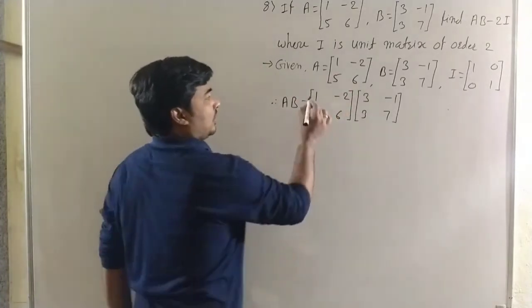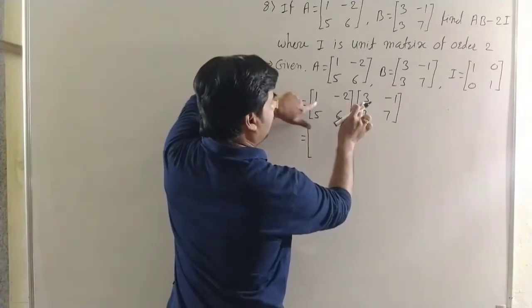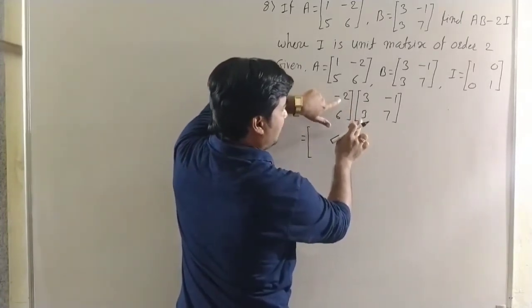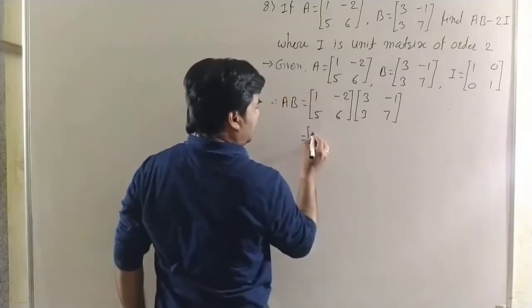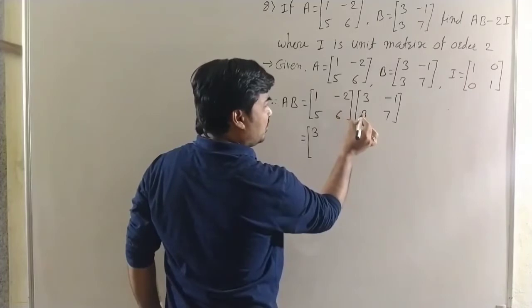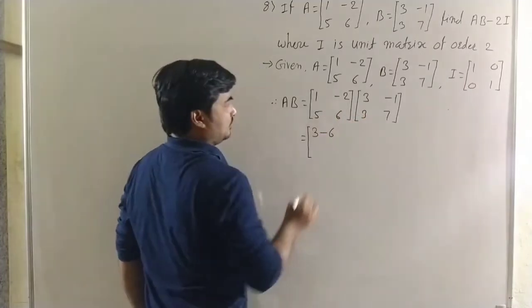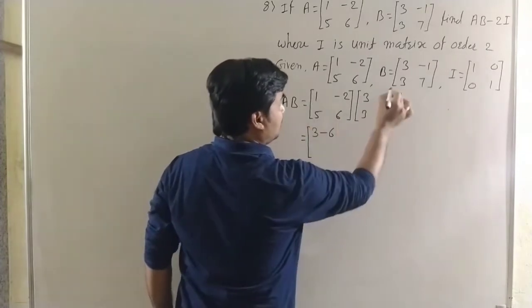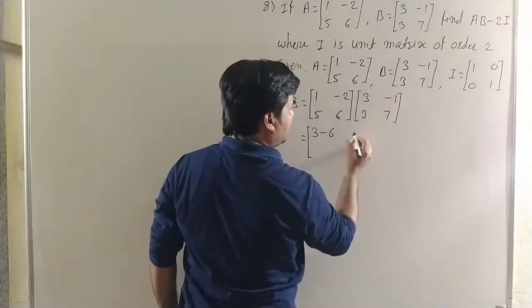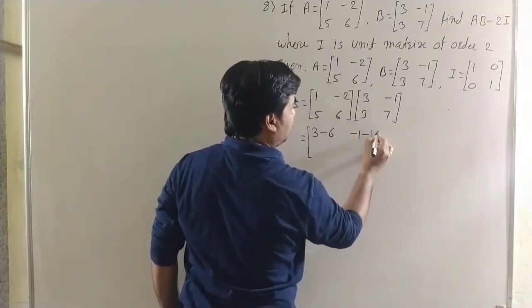Now first row first column, multiplication of the corresponding elements: 1 into 3 plus minus 2 into 3, that is 3 plus minus 6. It is the first row first column. Then first row second column: 1 into minus 1 is minus 1, and minus 2 into 7 is minus 14.